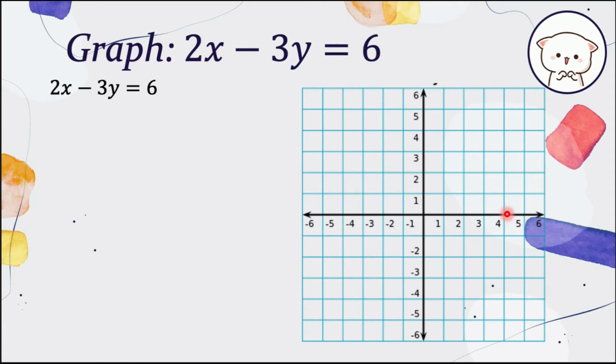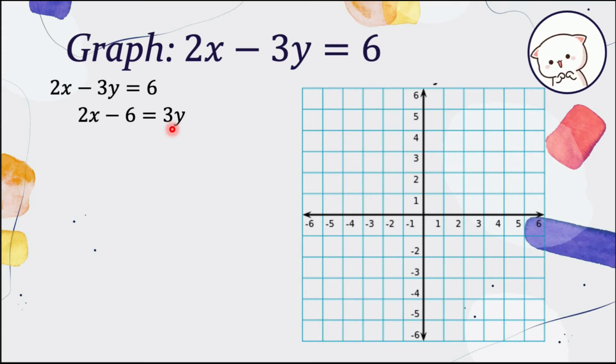So better if negative 3y will be the one that we're going to transpose on the other side. So just copy 2x and then transpose 6. So that will be now negative 6. And then transpose negative 3y. So from negative 3y, it will become positive 3y. And then we just need y.